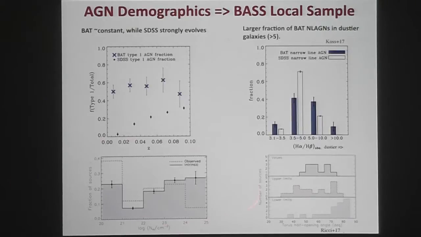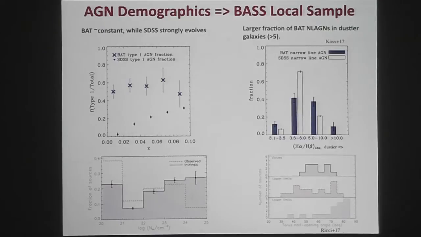In the X-rays, we have X-ray spectra for all of these objects, and so we can characterize the obscuration. You can see there's a sizable fraction that are unobscured, and then a rising fraction that are obscured. We have to make a distinction between the observed fraction, which is here, and the intrinsic fraction.